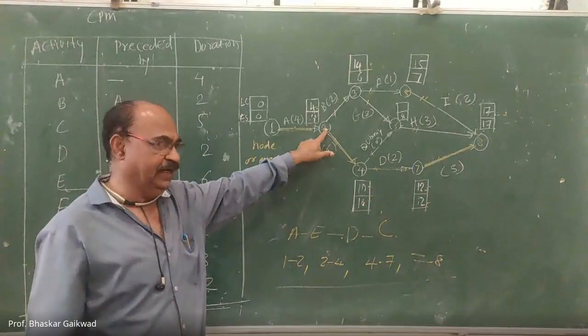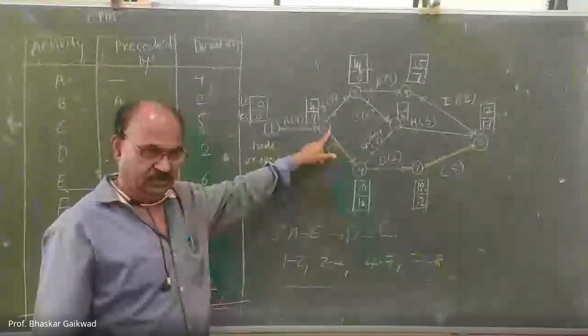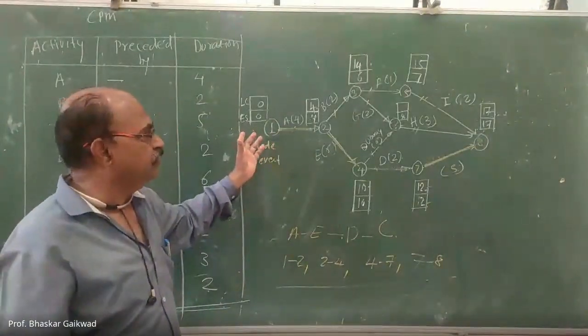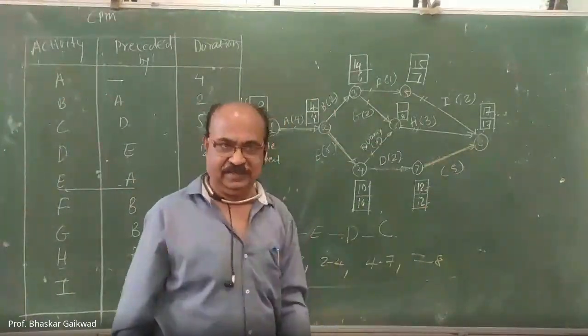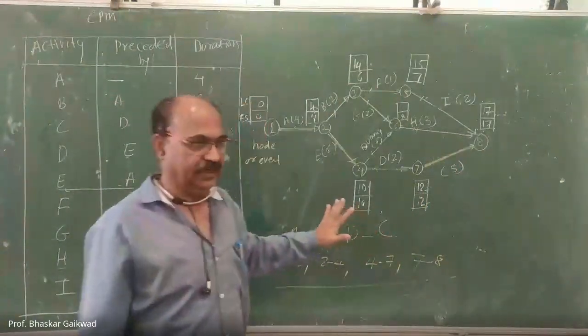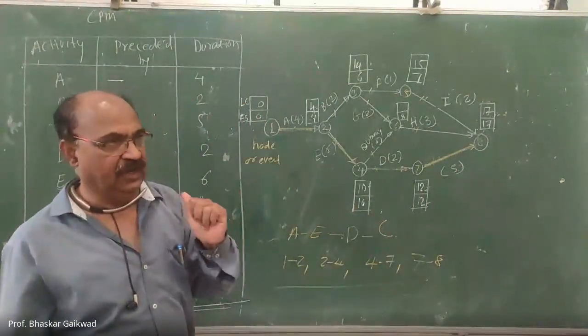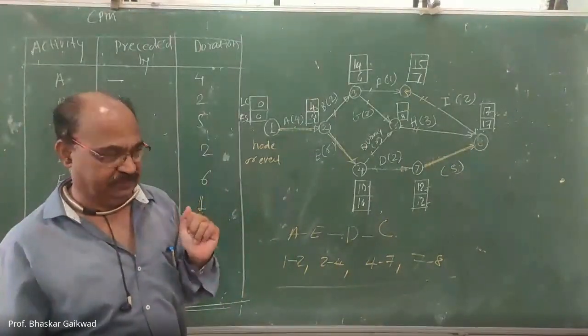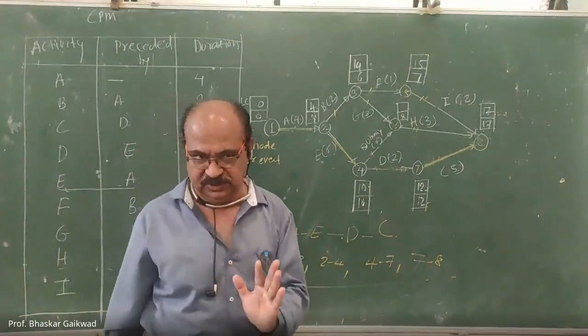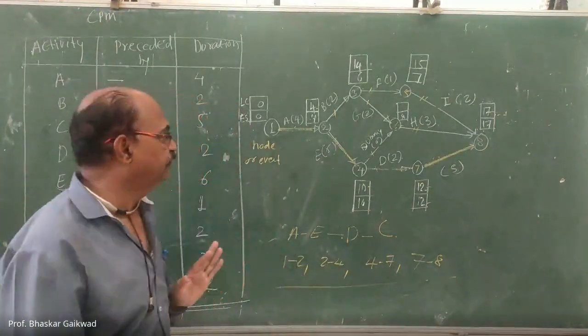So that end point is the second node. Correct? So like this, network diagram is a combination of all activities. After making this diagram, we will have to decide the critical path and how much time is required to complete our project.